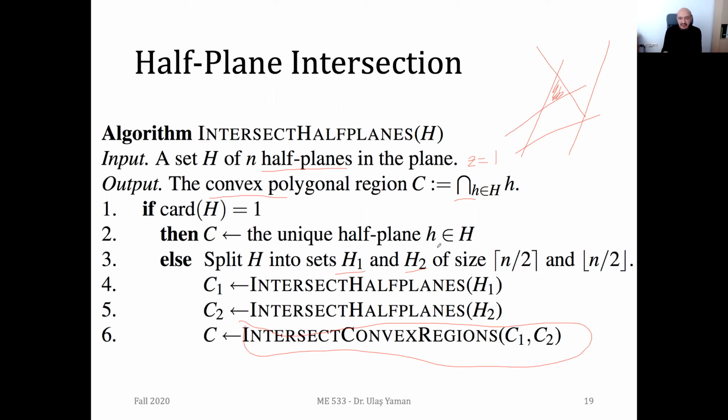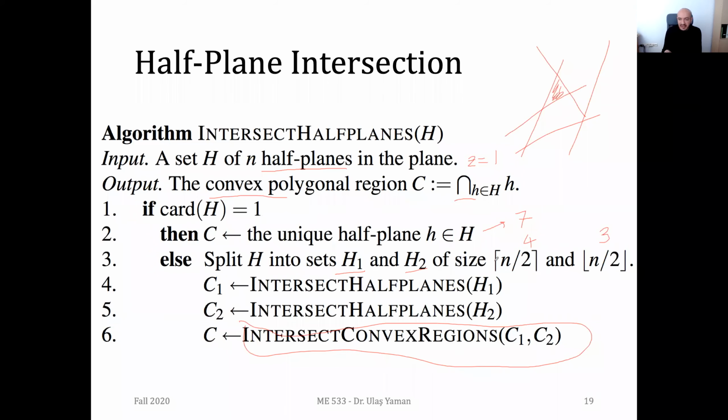So let's say we assume that we have 7 half planes. Then what will be the value of H1? That will be 4, and H2 will be 3, since we are using ceiling and floor functions here.